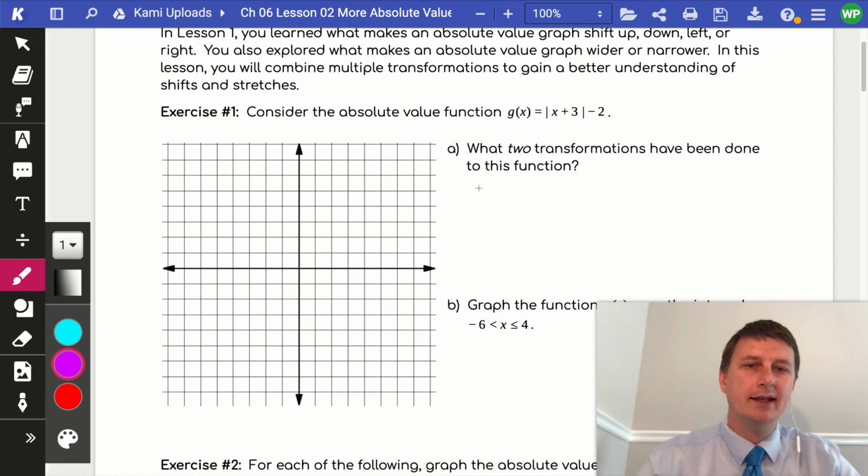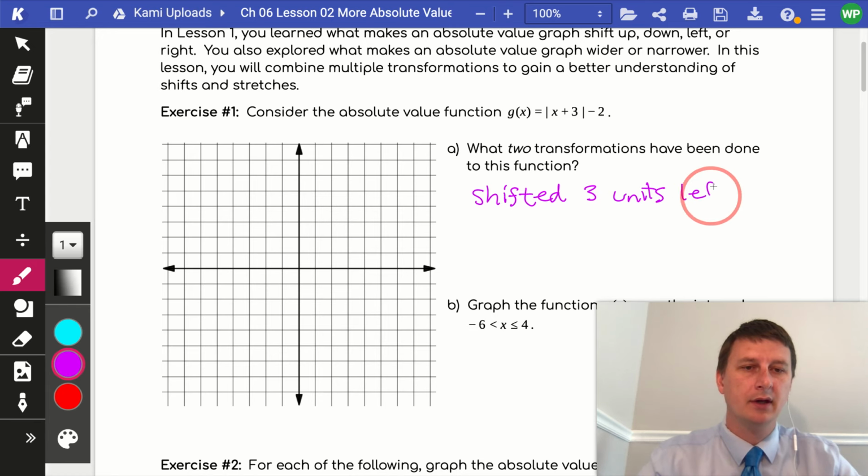So we're adding inside. And we should remember from lesson 1 that when we add inside, we shift the function to the left. So this has been shifted 3 units left. But that's not all that's being done to this function, because in addition to being shifted 3 units left, we're also subtracting 2 outside of the absolute value.